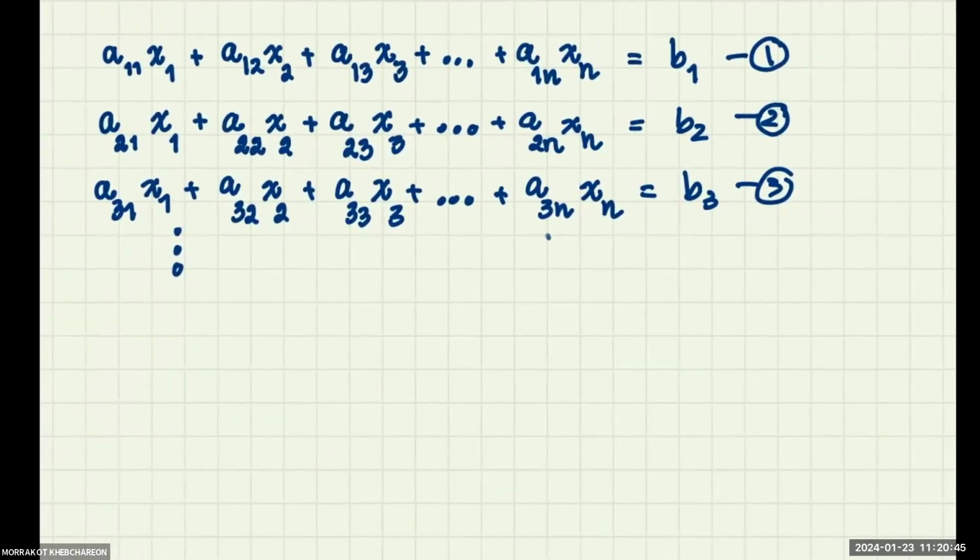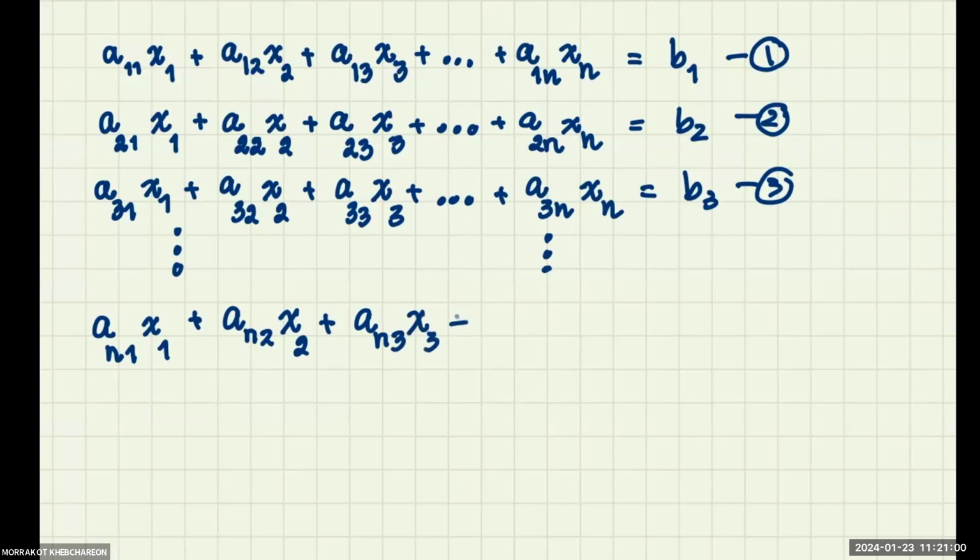Now, if I have the last equation, I will say what? An1 x1, An2 x2, An3 x3, and so on, plus the last unknown times its coefficient, equal to the last right-hand side.